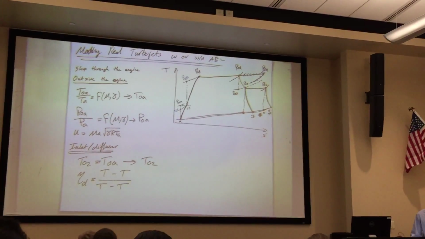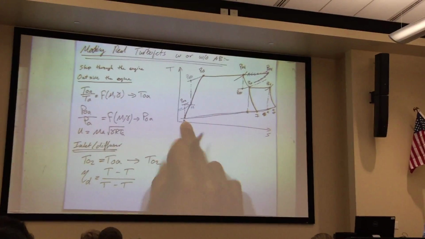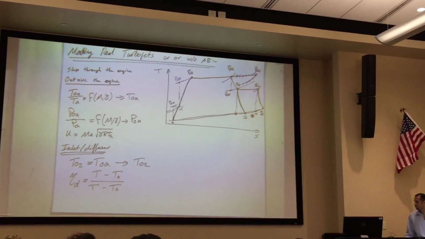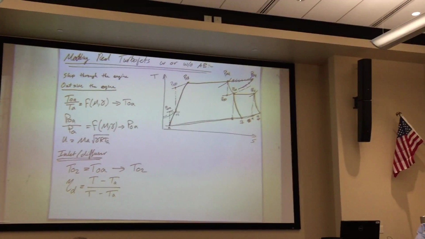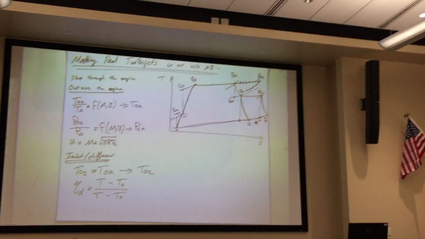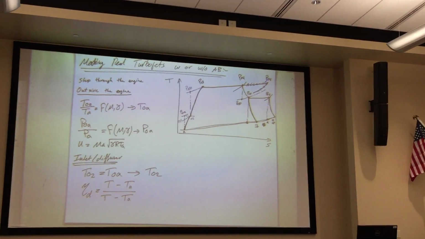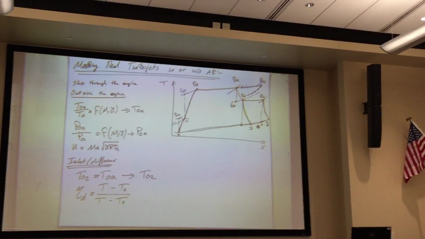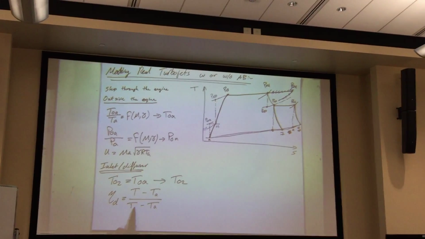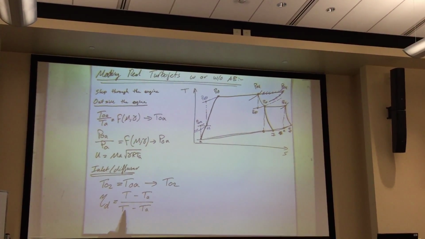Okay, so what is my lowest temperature? It's A, right? So everybody agrees that this is A and this is A, right? Okay. What temperature should I put here? If I do O2S here versus O2 here, which one is larger?